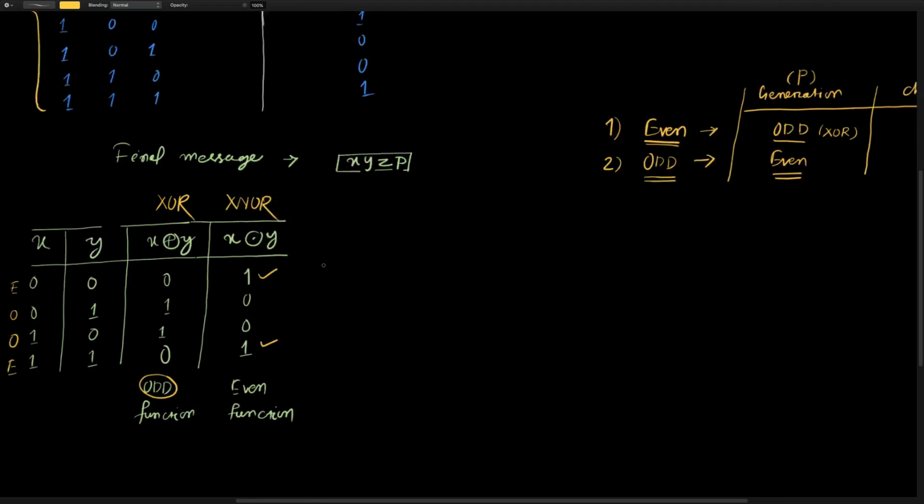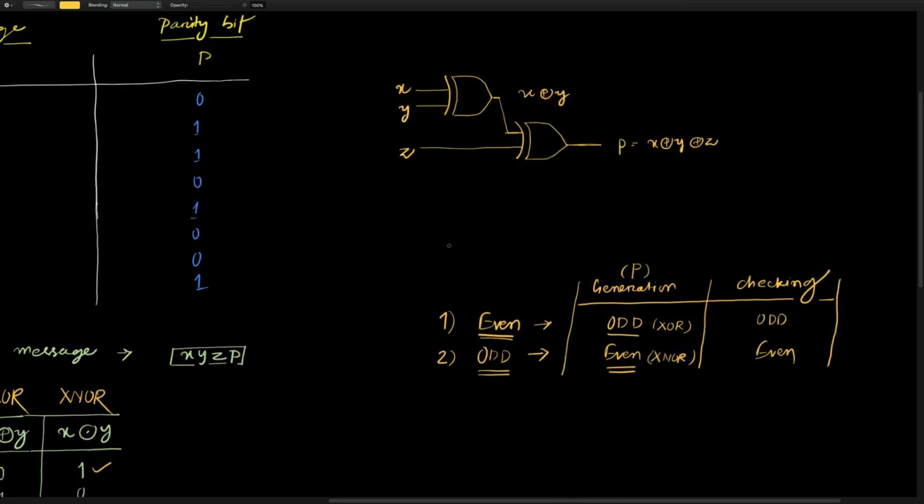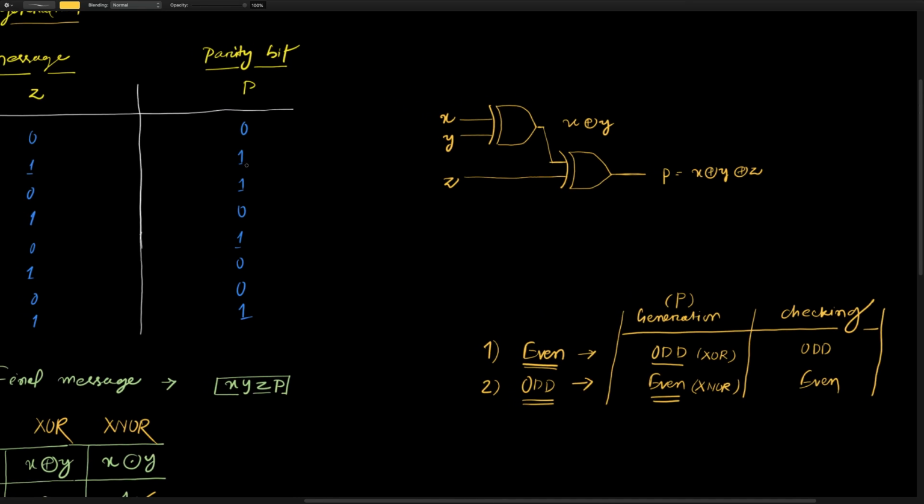So depending on what convention you follow, you accordingly use the formulas or the logic gate to give you that particular output. Now as we have followed the even convention, we have to use the XOR gate to generate the parity bit.